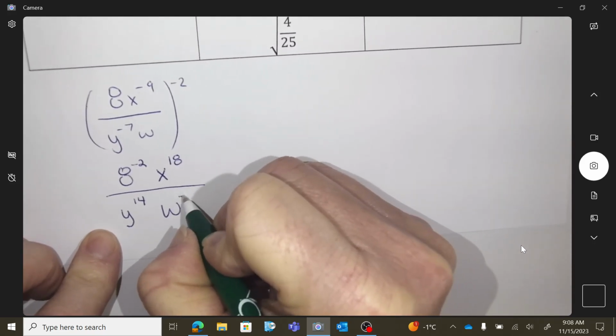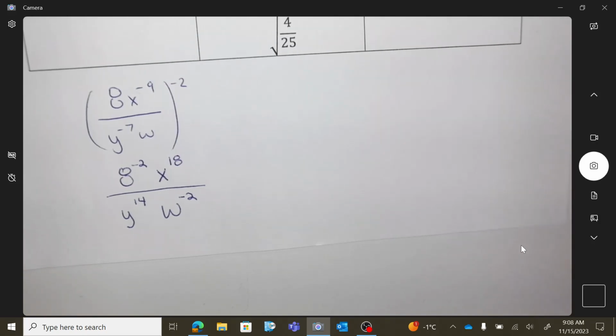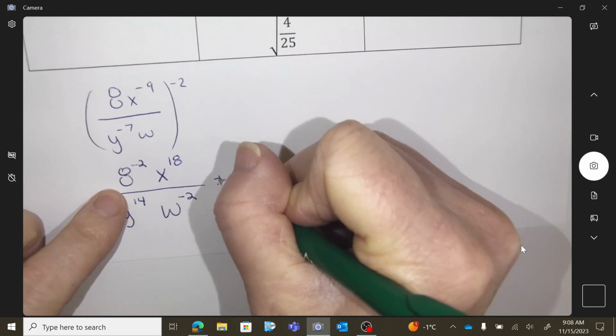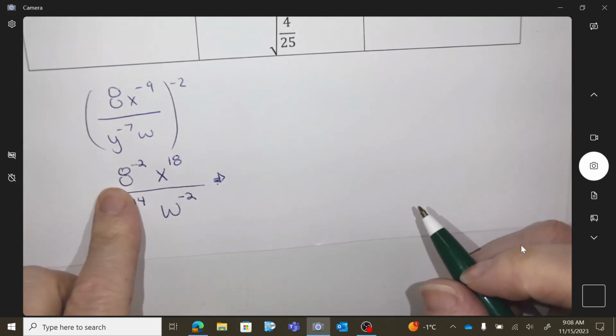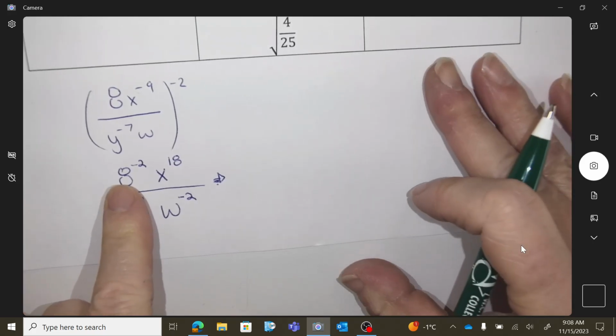And W to a negative 2. Okay, now looking at that. I'm going to take things and you tell me if they would stay or move.